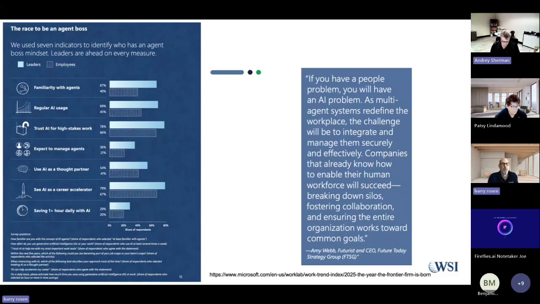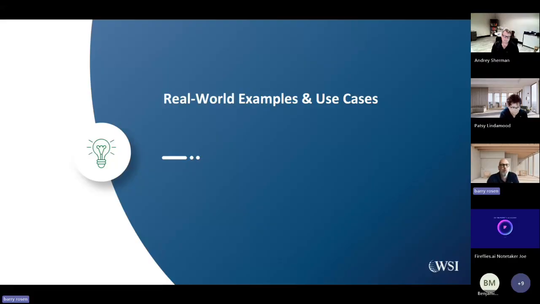You've got familiarity with agents, which check on that because you're attending this. You want to trust AI. And you want to expect to manage agents. You want to have that mindset that this is going to happen. And you want to use AI as a thought partner and a career accelerator. And so if you're doing all of these things today, you will be positioned well to be able to work in this agent world.